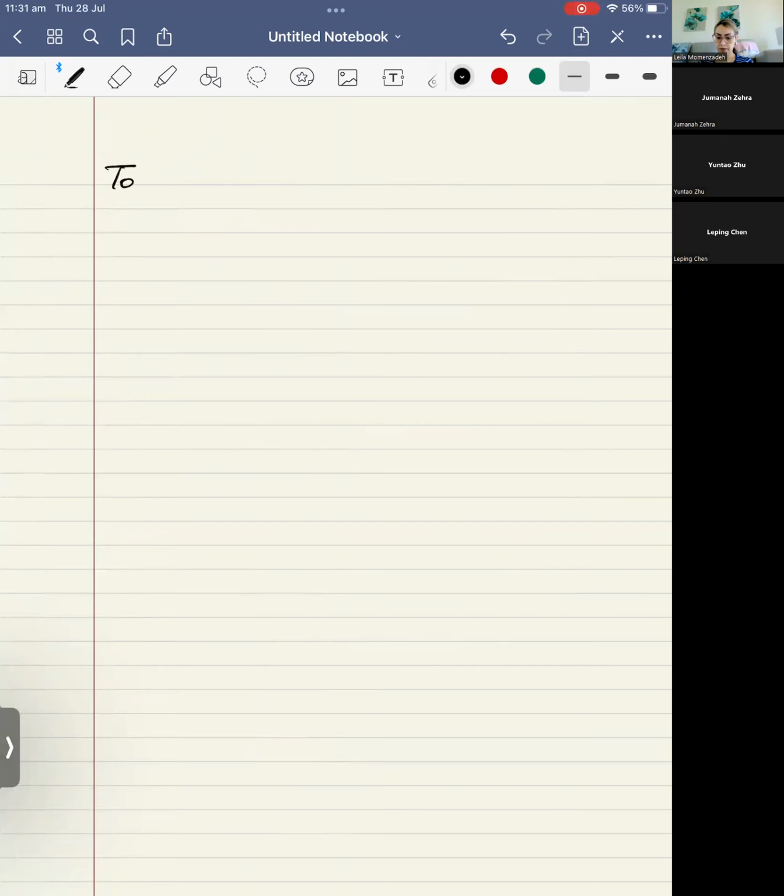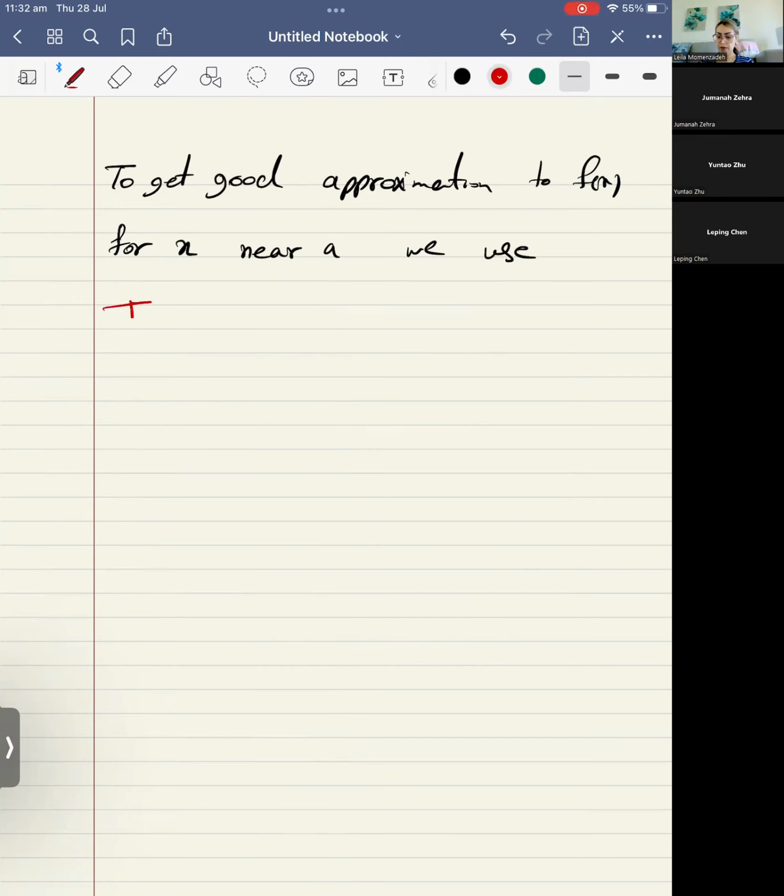To get a good approximation to f of x for x near a, we use the Taylor series. We use the Taylor series.